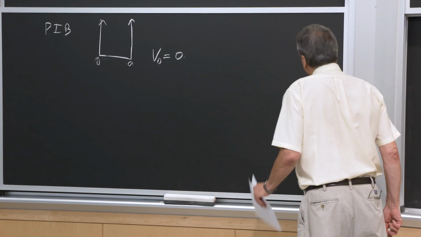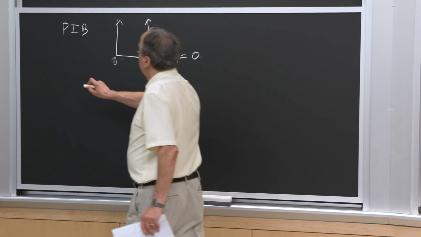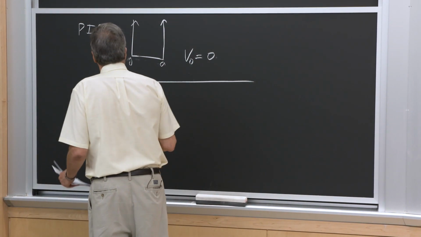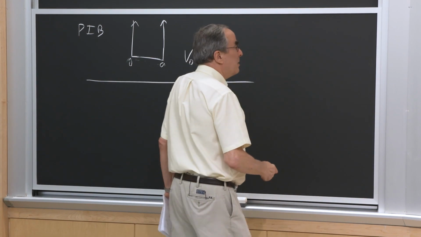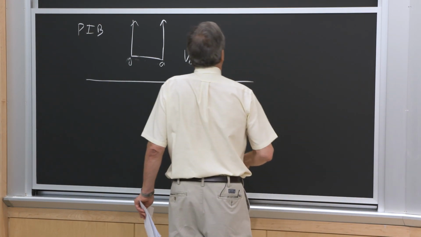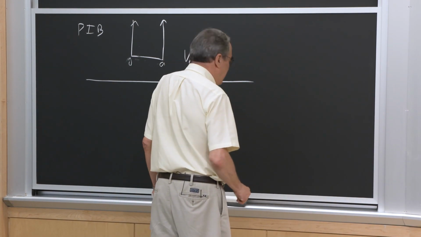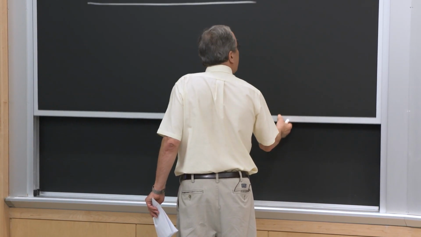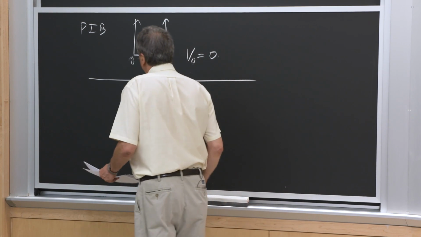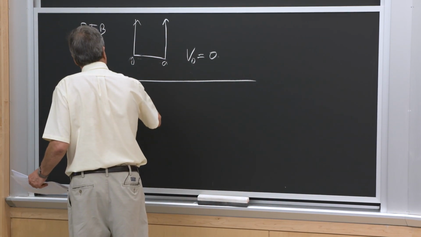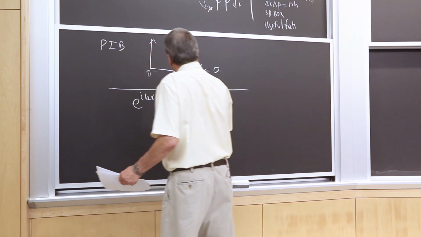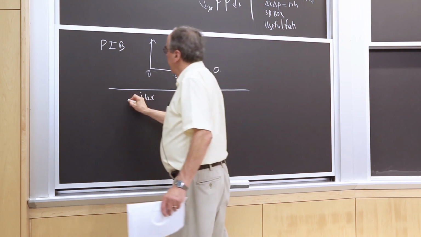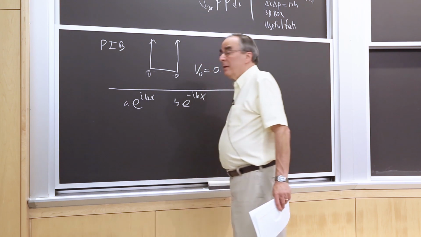Okay, there's something that I meant to talk about briefly. When we write the solutions, where did the other blackboard go? All right, well, I've hidden it. So when we have solutions like e to the ikx and e to the minus ikx, so we have, say, a here and b here.